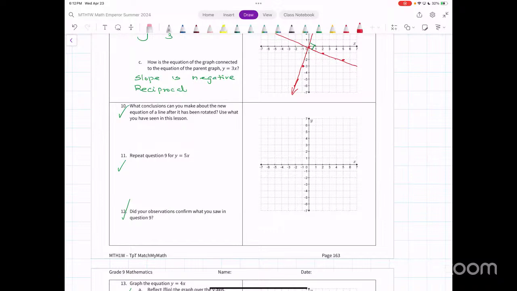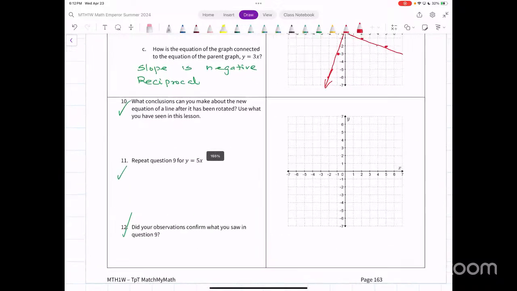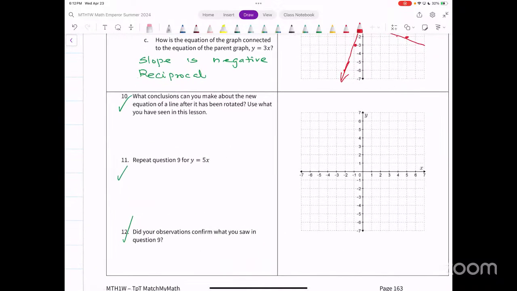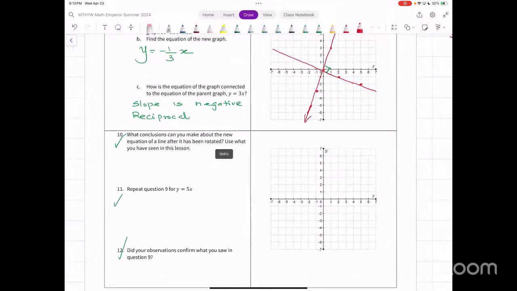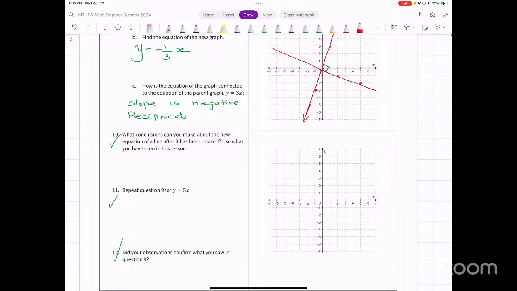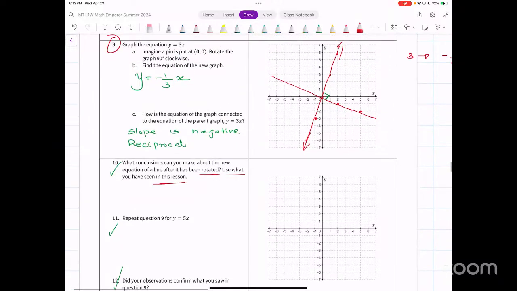So let's get back to the question. What conclusion can you make about a new equation of a line after it has been rotated? Use what you have seen in this lesson. So if you rotate the line, what will happen to the equation of the line?